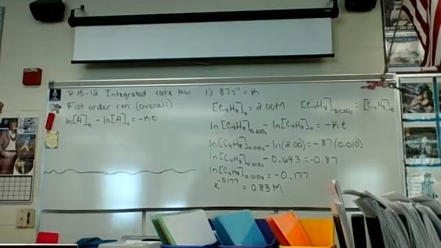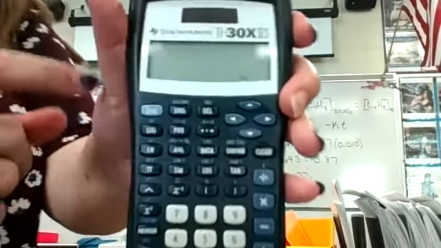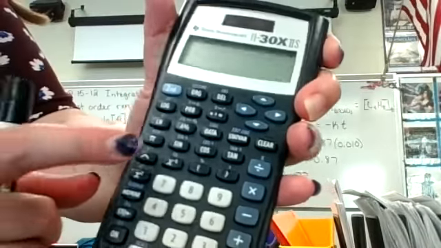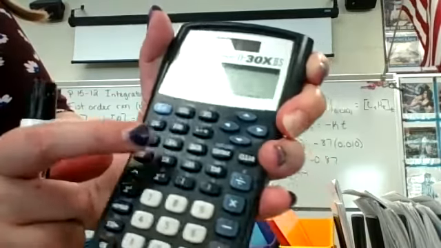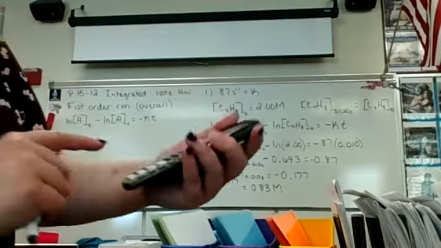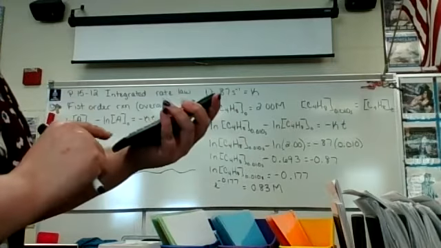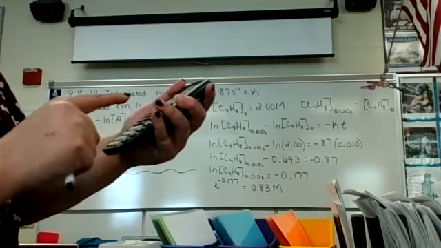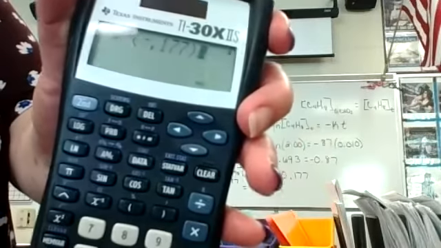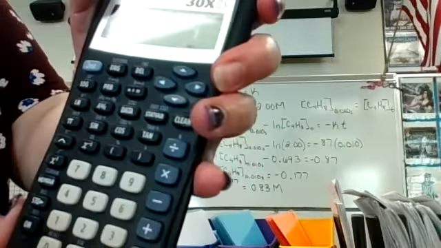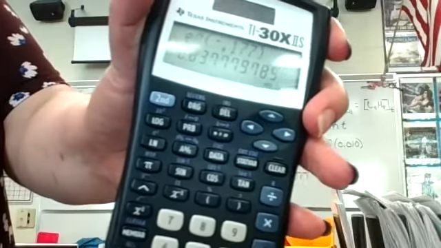So the same button that you used for the natural log of 2, you hit second and then LN, right? And then you just type in your number, negative 0.177, and equal.